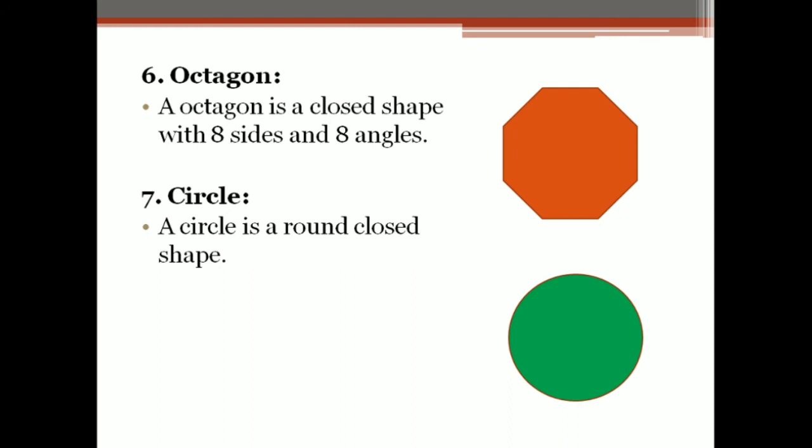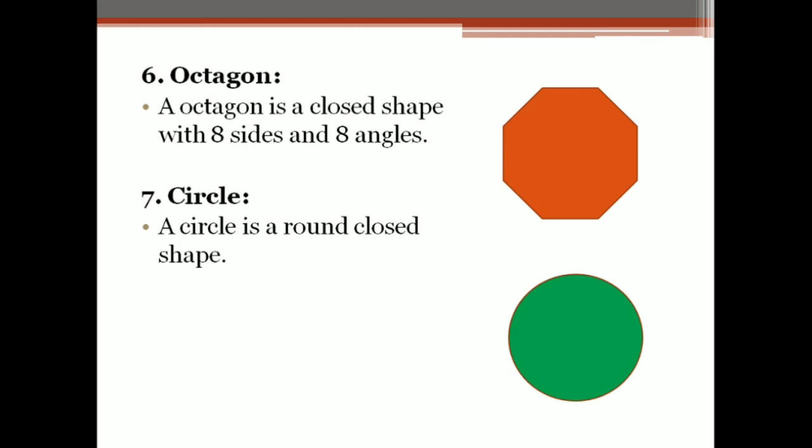Then the fourth shape was the pentagon. How many sides and angles were there? Five sides and five angles. Right?